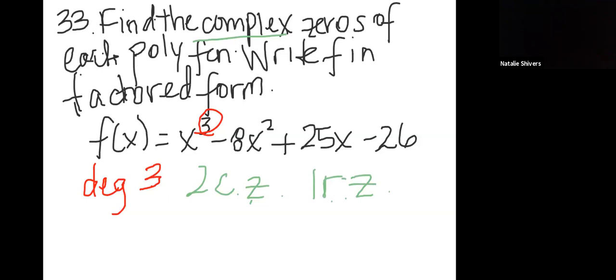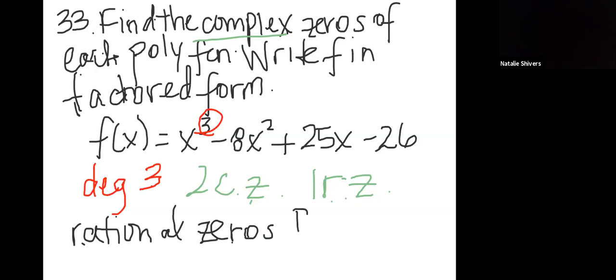Then we could look at what the possible rational zeros are by doing P over Q. So the factors of 26: plus minus 1, plus minus 2, plus minus 13, and plus minus 26.